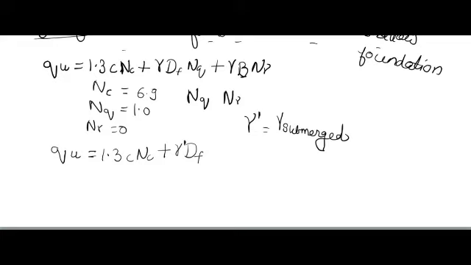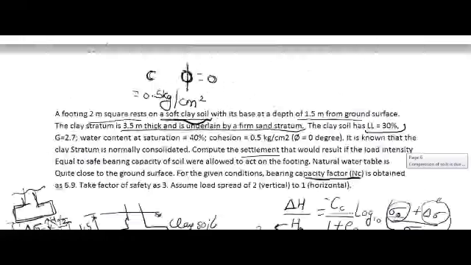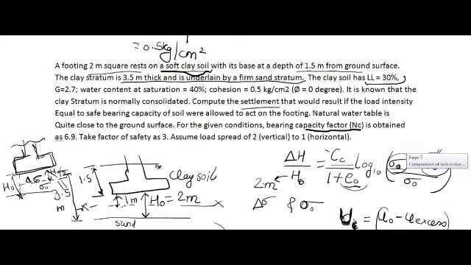Now what do we need to find exactly? We need to find Q safe. Why do we need to find Q safe, you may ask? Because in the problem it is given: compute the settlement that would result if the load intensity is equal to the safe bearing capacity.